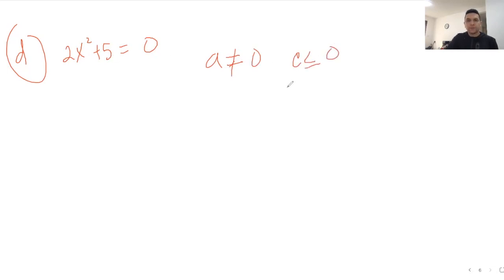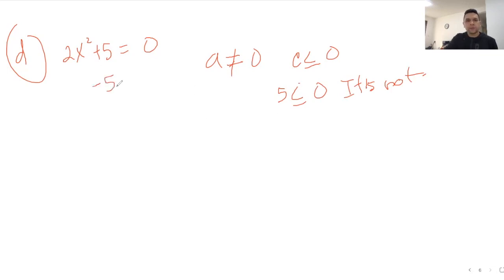And this 5, is it less than or equal to 0? No, right? It's not. 5 is more than 0. So that's going to give us non-real numbers, you see?